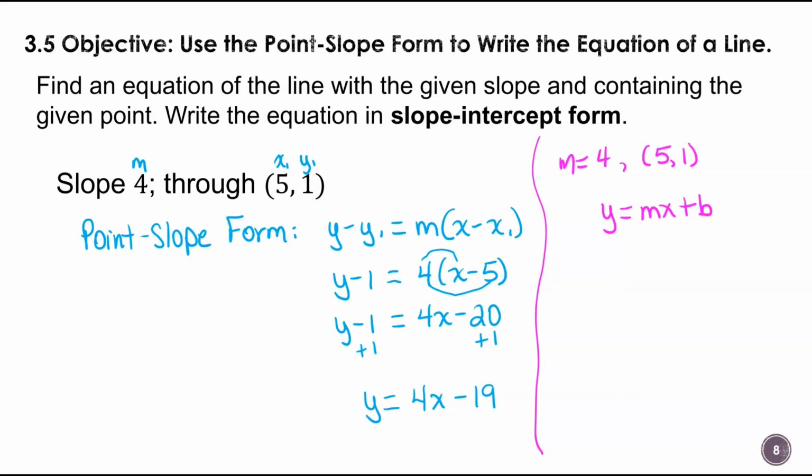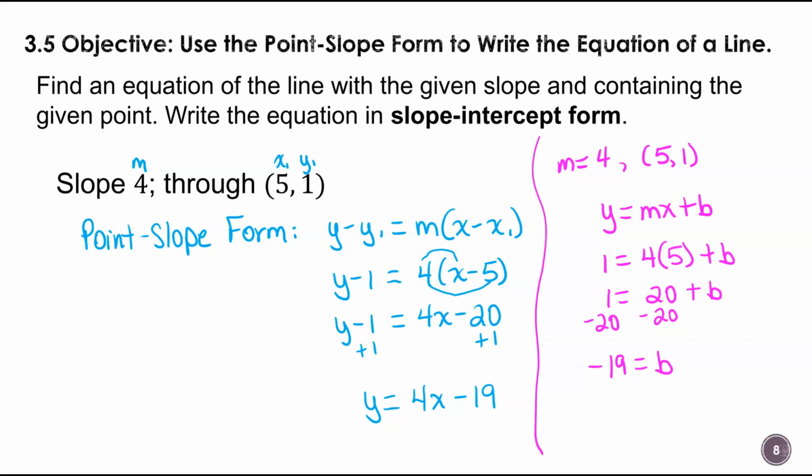For the y, I would put in 1, 4 goes in for the slope, the x-coordinate is 5, and I have to have the b here in order to do this method. So now I have 20 plus b. I'm solving for b, so I subtract 20 on both sides, and I find that b is negative 19.